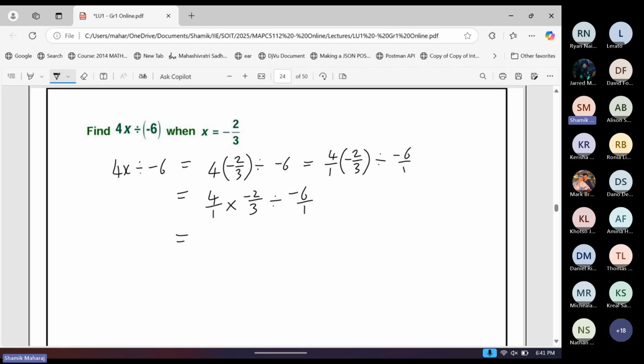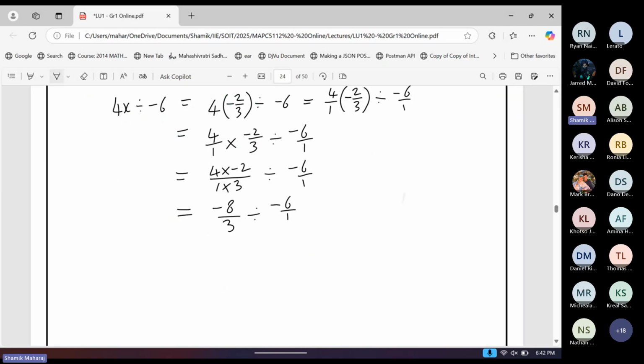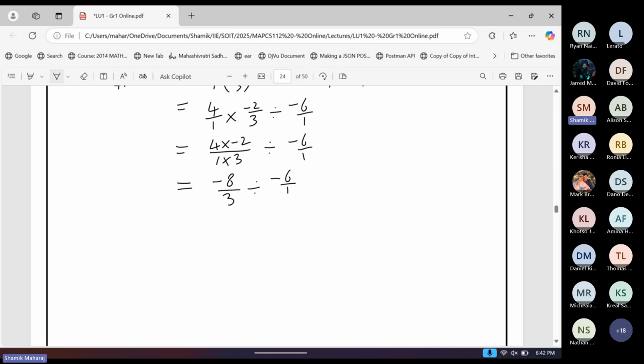Okay, so first we do the multiplication. So this will give us 4 times -2 on the top, 1 times 3 at the bottom, and then divided by -6/1, that doesn't change. On the top here, 4 times -2 gives us -8. The bottom is just 1 times 3, which is 3, divided by -6/1. Now we can do this in two ways, and I'm going to choose the easier one. We can realize that this is basically a negative divided by a negative, right?